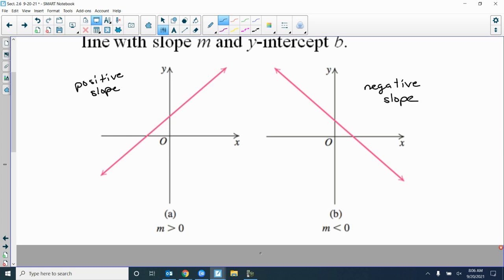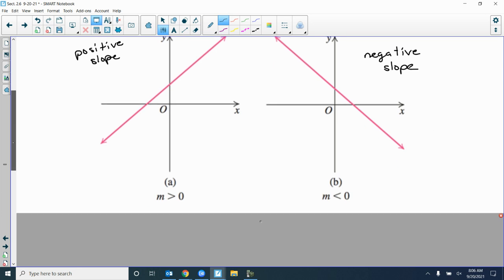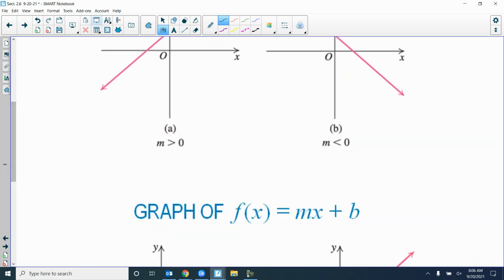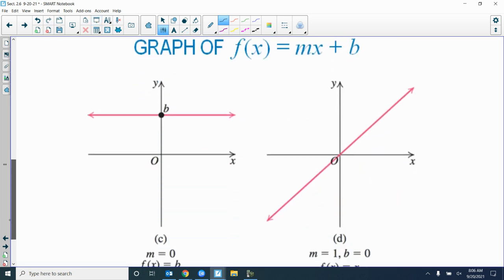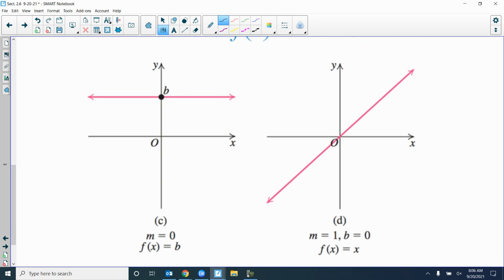Now, we already talked about the next 2, but we're going to attach a picture to them. If it is a 0 slope or your constant function, remember, that's a horizontal line. That would be like f of x equals 4. Okay, no x with it. So just a constant, boom, all the y values are 4. If you have the identity function, goes through the origin, slope is 1, b is 0, that would be the case here. There's your identity function.